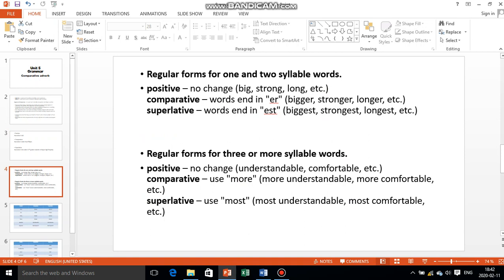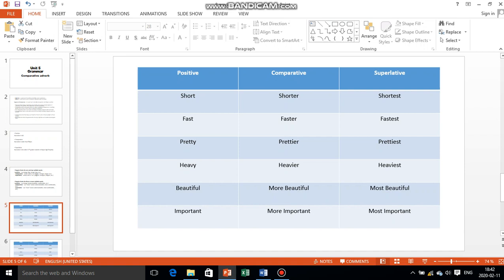For example, big, bigger, strong, stronger. Take a look here. Positive, short: you will just write the normal word short. If you change it to comparative, you add er: shorter. And in superlative, you add est: shortest. That is for the regular word.